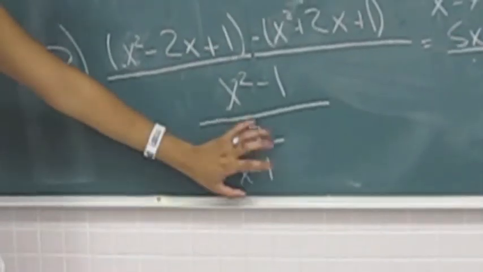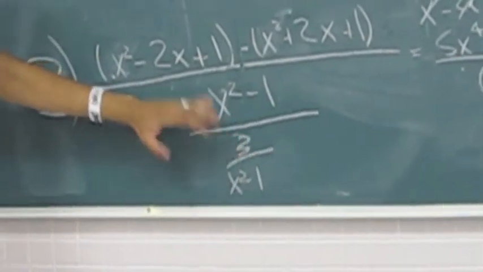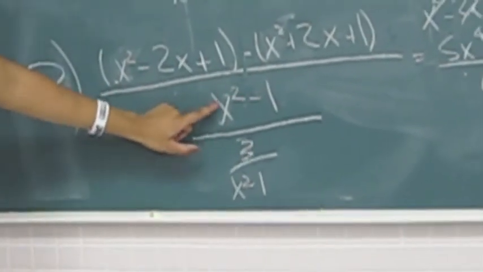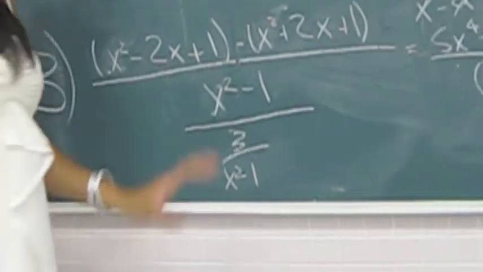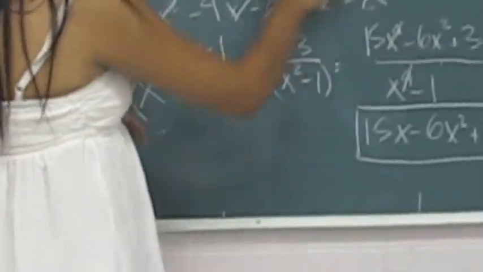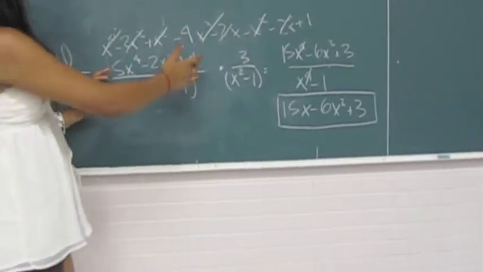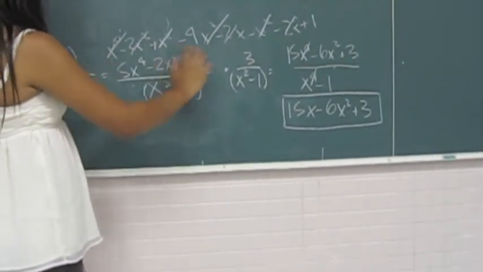And then we kept this the same, except for the denominator, we simplified it and made it an x squared minus 1. So after doing FOIL with this, we had all of these variables, and we summed them up, and it gave us this other polynomial.